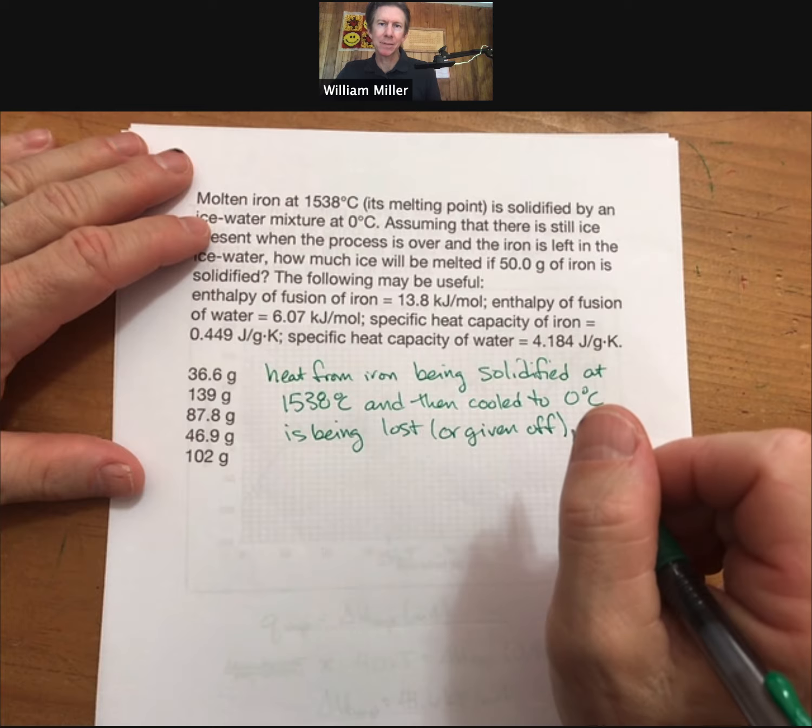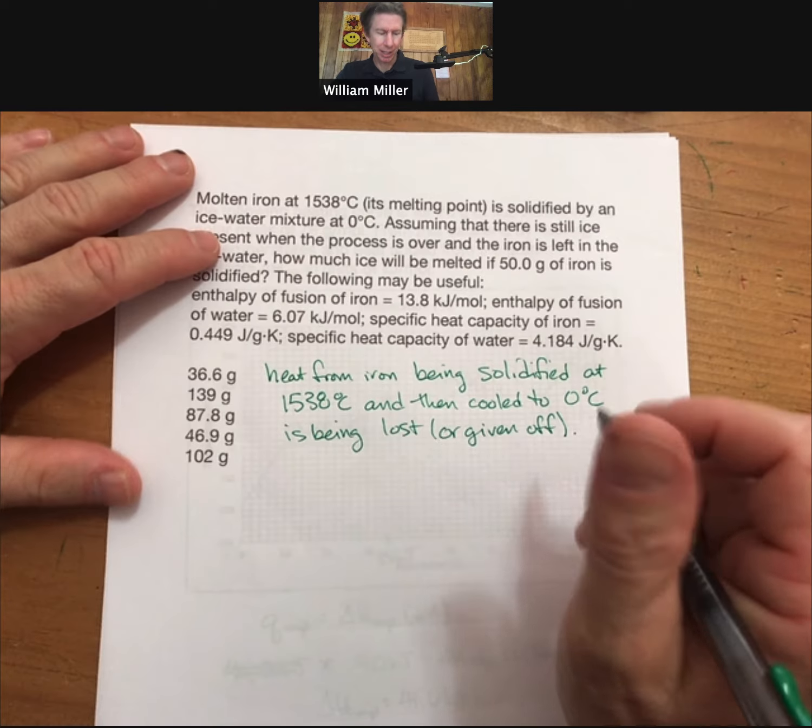That heat is being gained, or taken in, by ice melting.